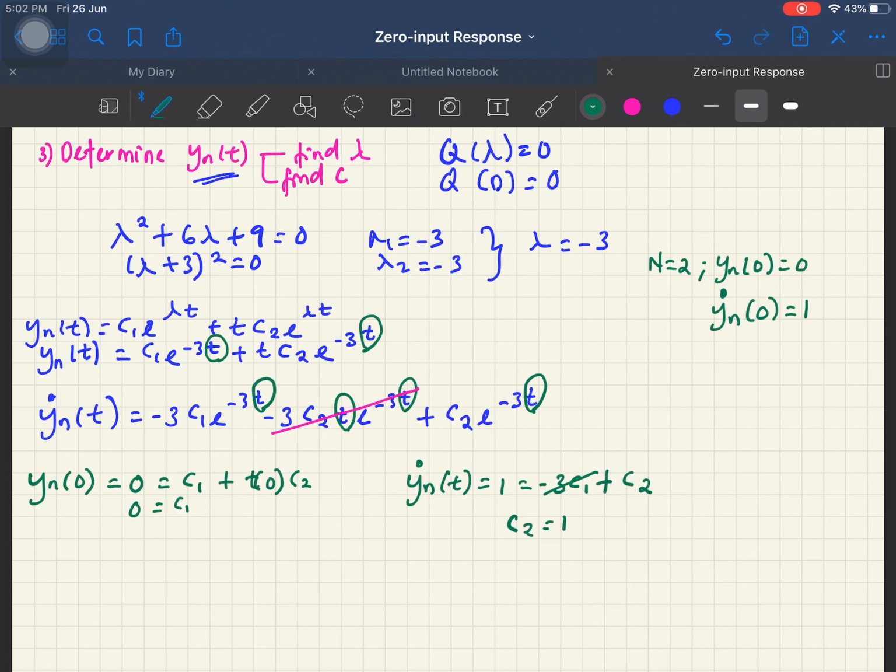So now we can substitute C1 and C2 back into our equation. So we have yn(t) equals, C1 is 0, so we are left with t, C2 is 1, e to the minus 3t, while yn dot of t equals, C1 here is 0, so we're left with minus 3t e to the minus 3t plus e to the minus 3t.